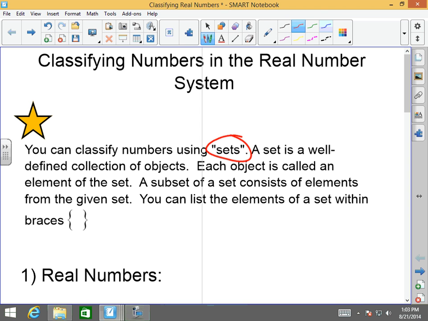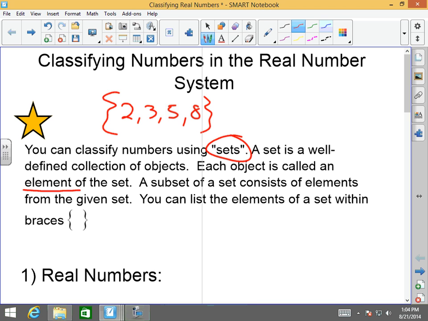Numbers work that way as well. Each object is called an element of the set. And a subset of a set consists of elements from the given set. For example, if I have the set 2, 3, 5, 8, then 2, 3, 5, and 8 are all elements of the set.